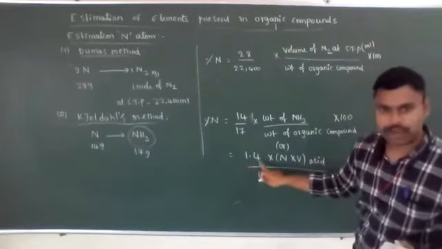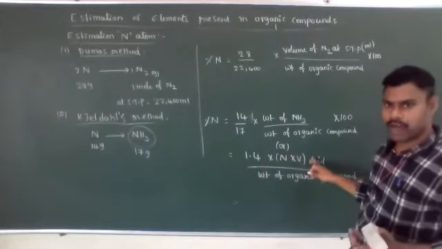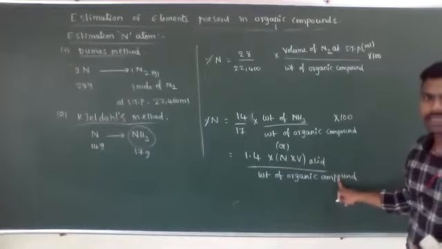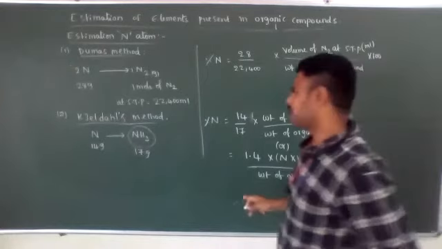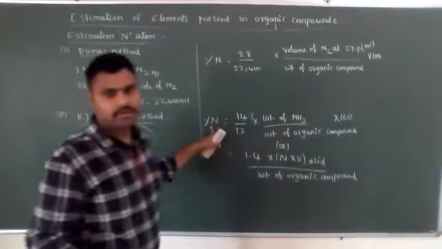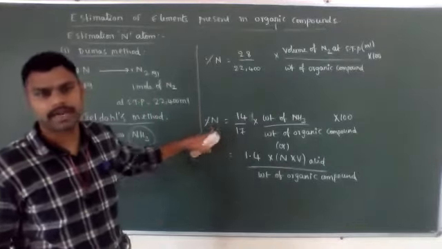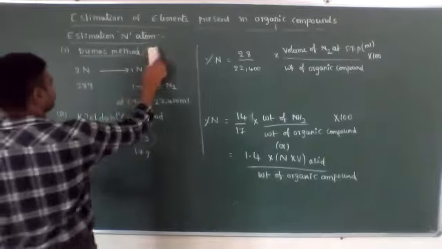The second formula is 1.4 into normality into volume of acid by weight of organic compound. This is another formula for finding the nitrogen percentage in the given organic compounds. Okay, now let's see.